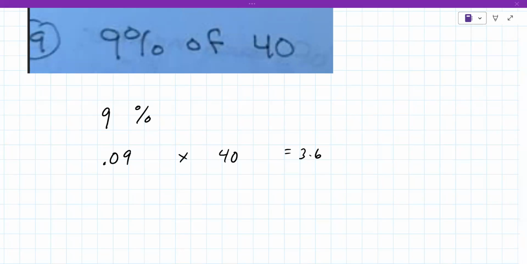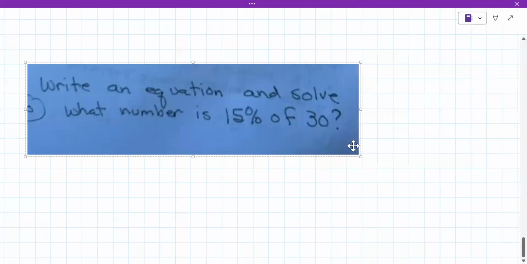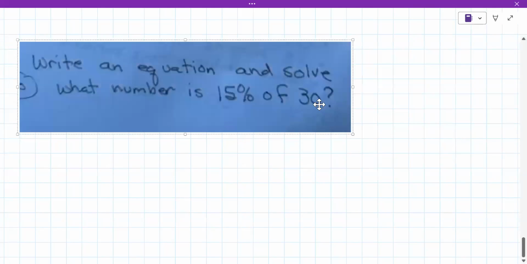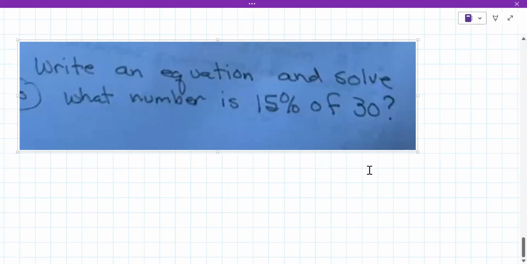All right. Next question here. It says write an equation. So what number is 15% of 30? So it's 0.15, of means multiply, by 30, and then x equals. This is kind of a weird one because it's not really an equation, it's already solved.